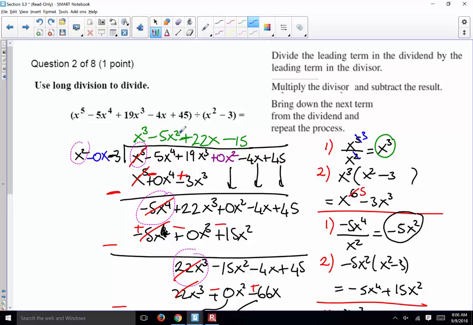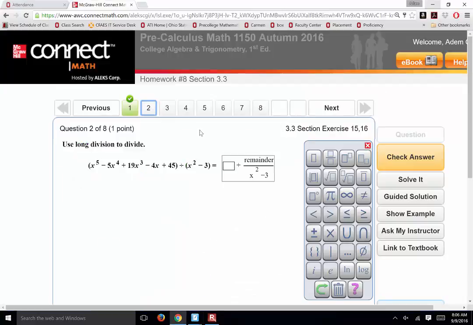X cubed minus 5x squared plus 22x minus 15. X cubed minus 5x squared. Yes.